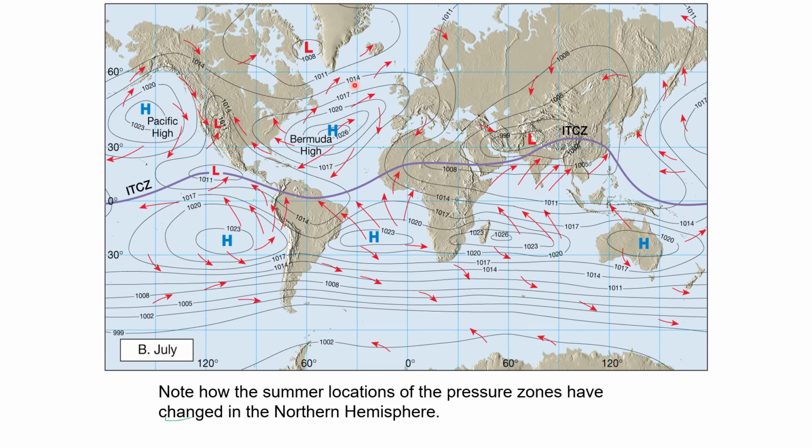The Bermuda high now is what we're calling this because it shifted back toward eastern North America, and the climate here in the southeastern part of the U.S. is totally different, even though both of them are dominated by high pressure systems. But look at which side of the high pressure system the southeastern part of the U.S. is on.